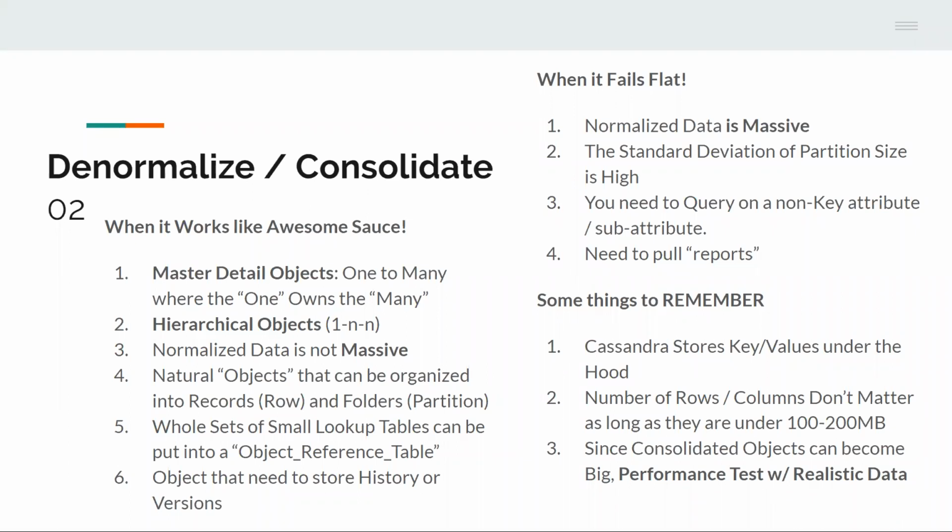You don't need to think about this today, but when you start to create databases or tables for analytics, sometimes for machine learning, you need to store like 1,000 columns for it to be able to churn it properly, right? That's okay. Cassandra can handle it. Number of rows and columns don't matter. So don't worry about it, as long as it's under 100 to 200 megs.